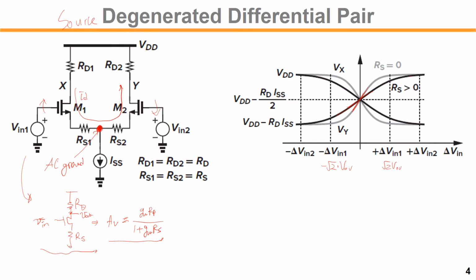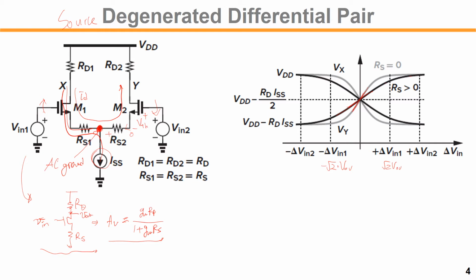Let's say for the extreme case, all the current ISS flows through the left hand side. On the right hand side, there is zero current, so zero voltage drop across RS2, and the gate-source voltage would be VTH, right?